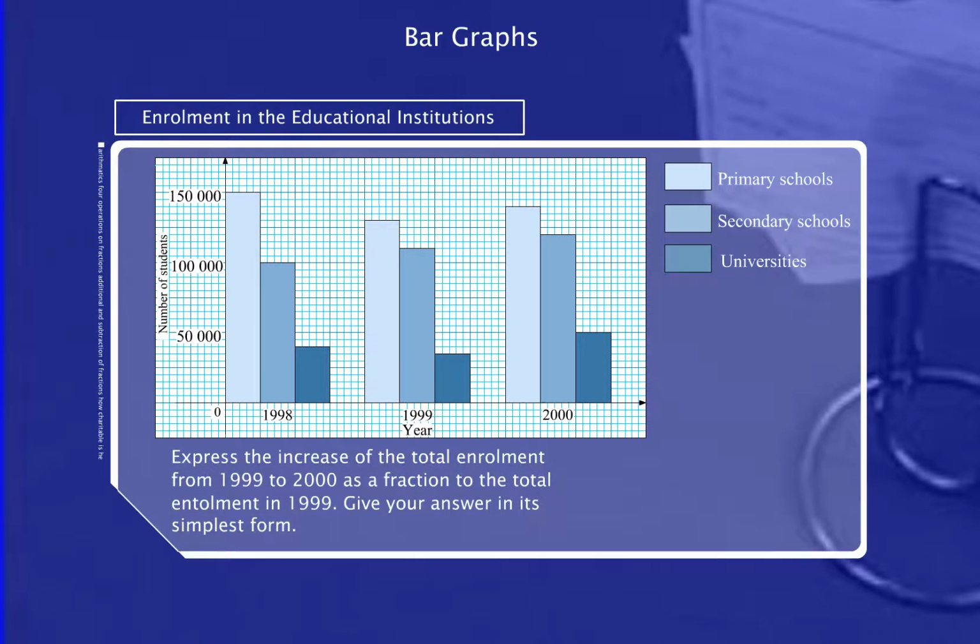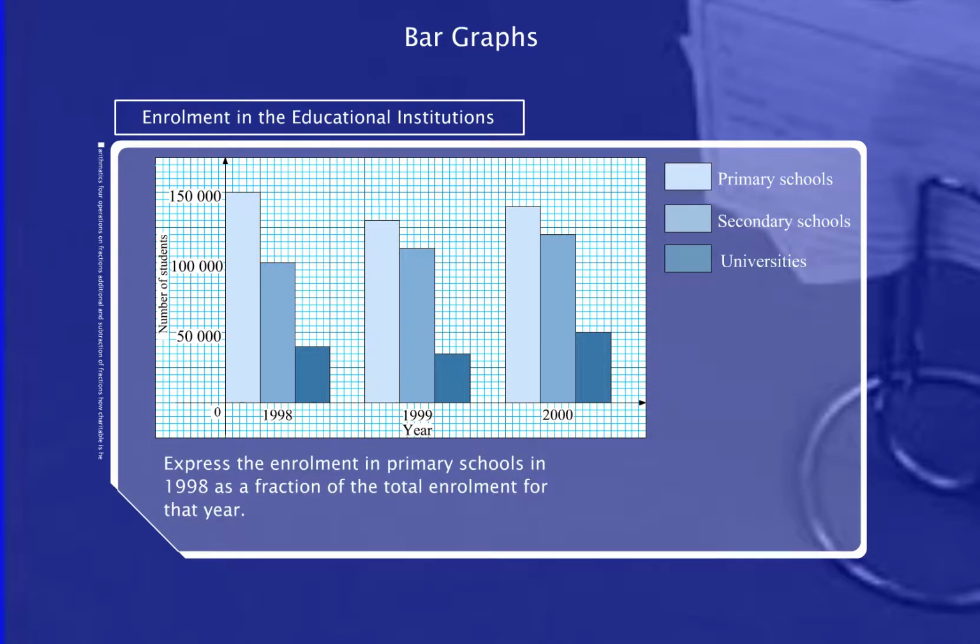Express the increase of the total enrollment from 1999 to 2000 as a fraction to the total enrollment in 1999. Express the enrollment in primary schools in 1998 as a fraction of the total enrollment for that year.